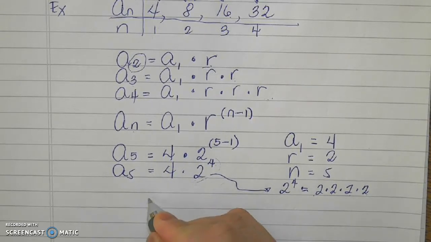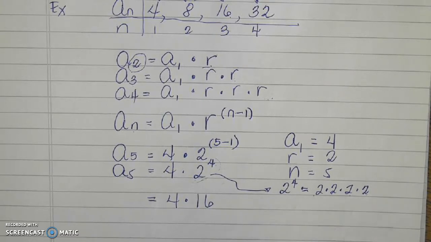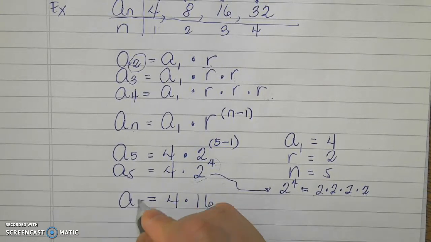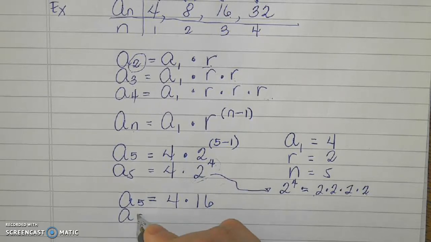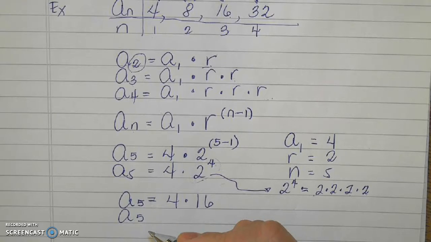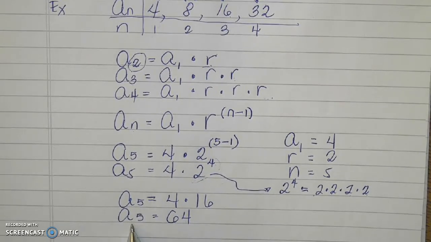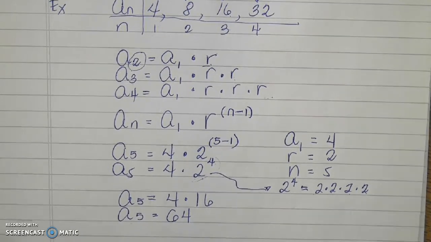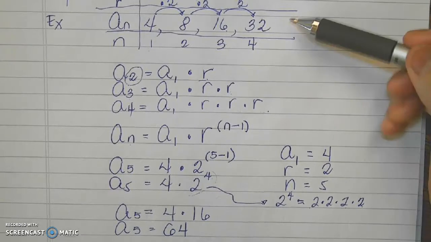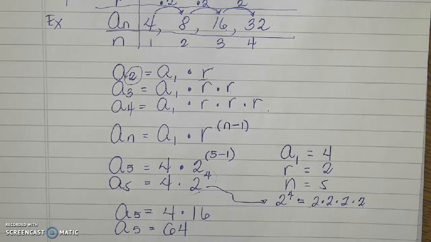So we are going to have 4 times 16, and I believe 4 times 16 is 64. So that is our a5. Oh yeah, it matches. Because if you extend this, it's going to be 64.